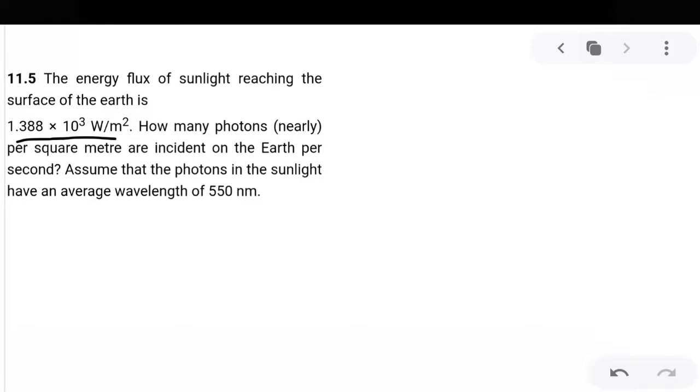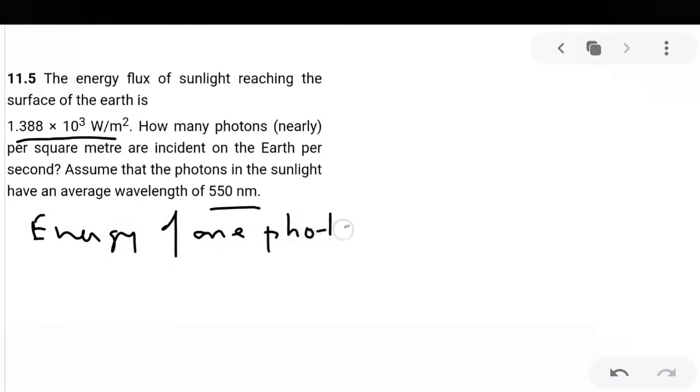How many photons per square meter are incident on the earth per second, assuming that photons in the sunlight have an average wavelength of 550 nanometer? First let us calculate the energy of one photon.